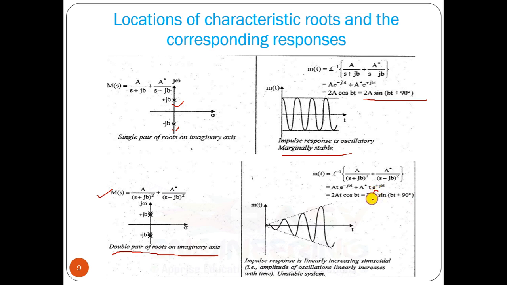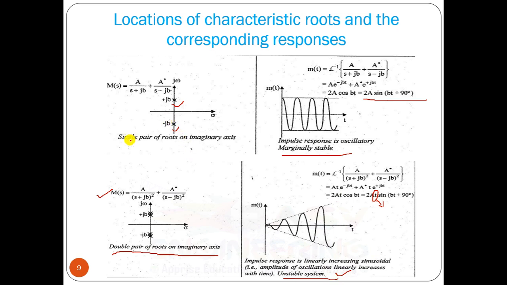Now this term t is nothing but a ramp function, multiplied with this sinusoidal factor. So its magnitude will be increasing with respect to time, and your output becomes unbounded.